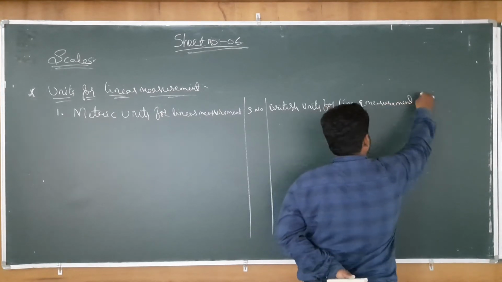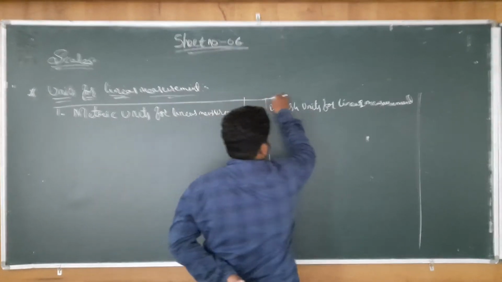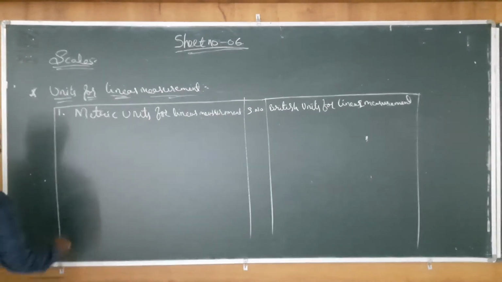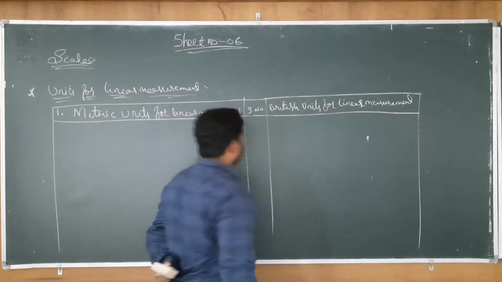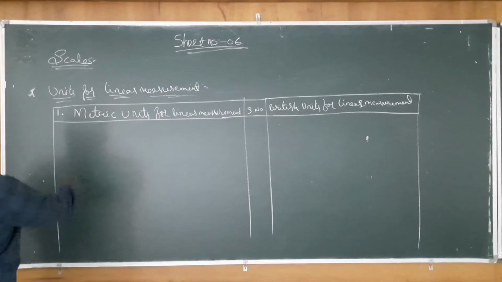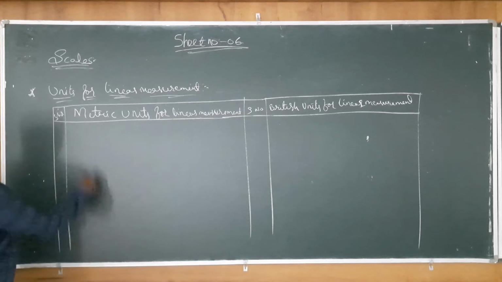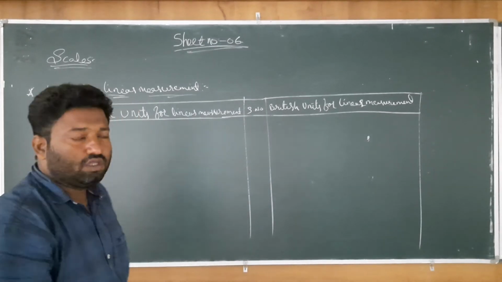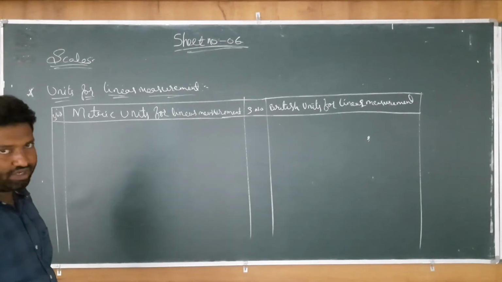Now, we have to make a table here to write down the values. Metric units are nothing but here the common metric means 10 value. Metric means 10 value. In this, in every unit we will take 10 as a common.